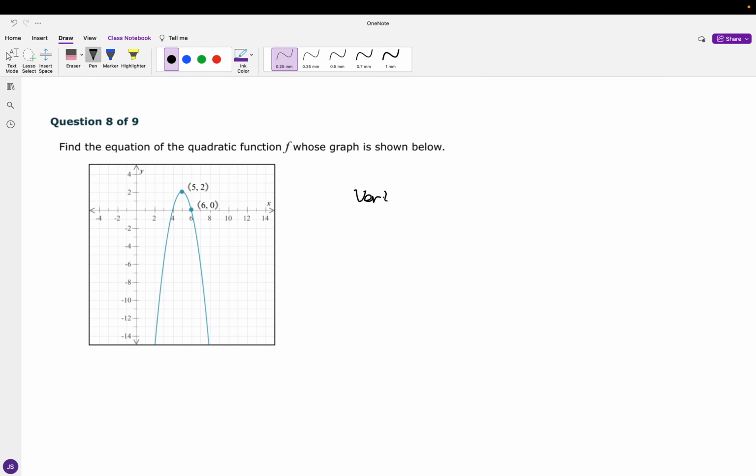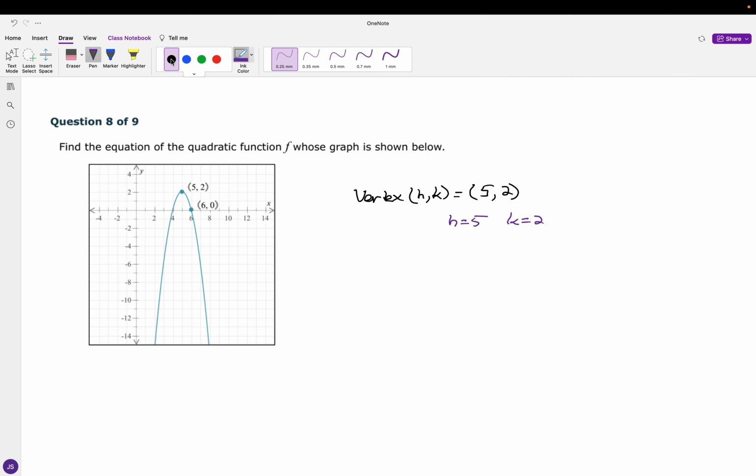So we got a vertex and doing a bit of a return to the vertex form. We've got the vertex (h, k) equal to (5, 2). So again, h is equal to 5, and k is equal to 2.